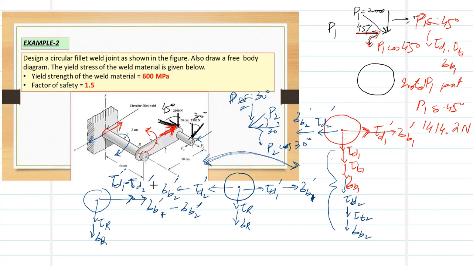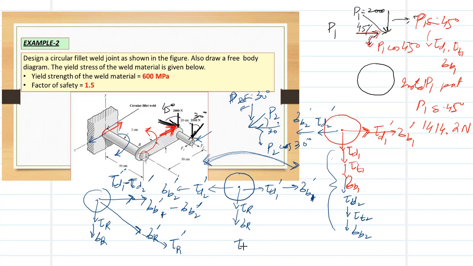Now what we have to do is find the resultant of these two: the resultant of bending and the resultant of shear. How can we find that? This is simply because we have to find it by using a right angle triangle.